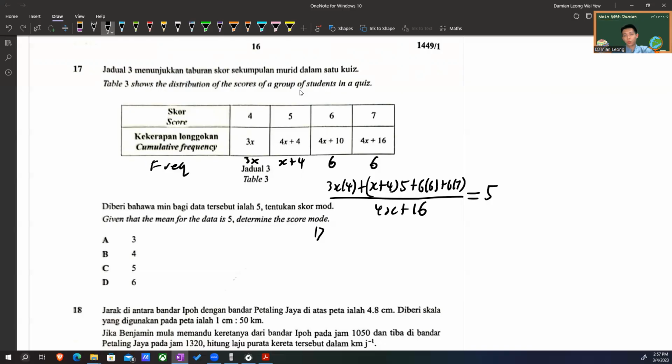So this is 12x plus 5x plus 20 plus 36 plus 42 equals 5 times 4x plus 16.